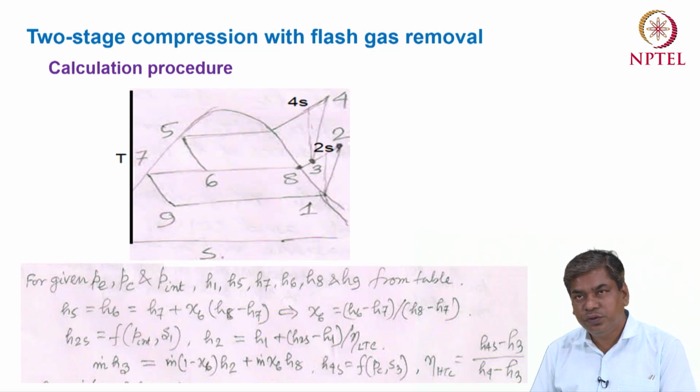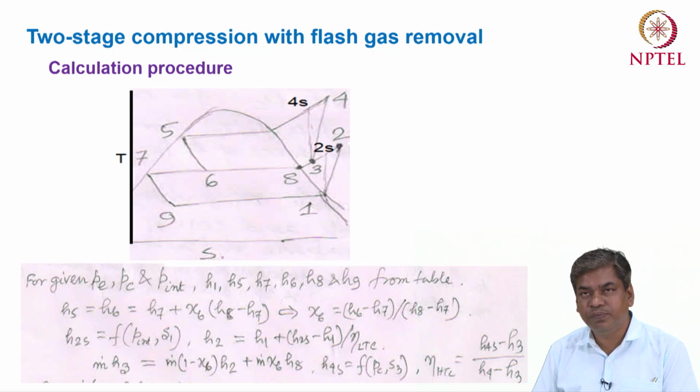Okay, so for the unit mass flow rate through the condenser, or 5 to 6, we can say that x6 represents the mass flow rate at point 8, and 1 minus x6 is the mass flow rate at point 1, also at point 2.